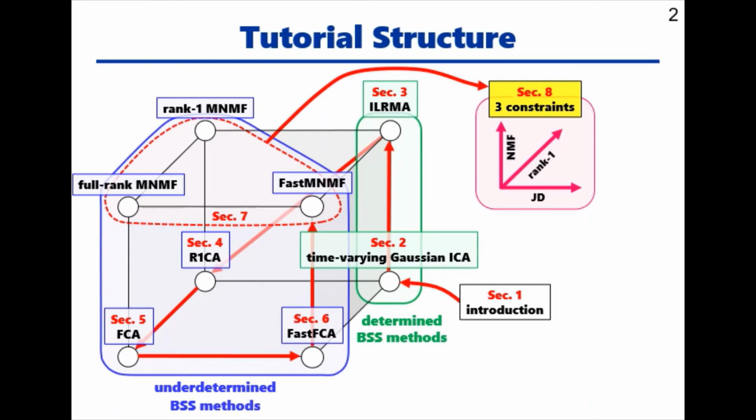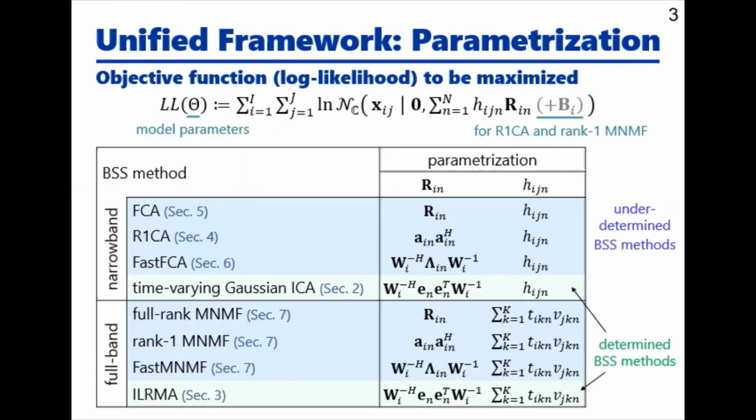In this section, I reveal what these constraints exactly are. Importantly, in all BSS methods explained in this tutorial, the log likelihood to be maximized has the same functional form shown here.